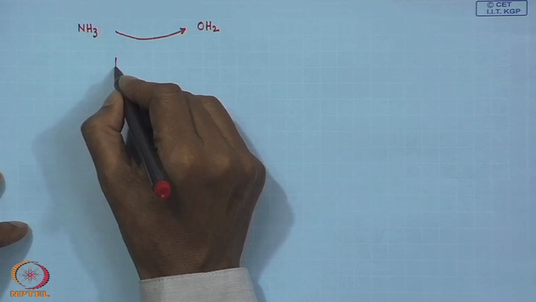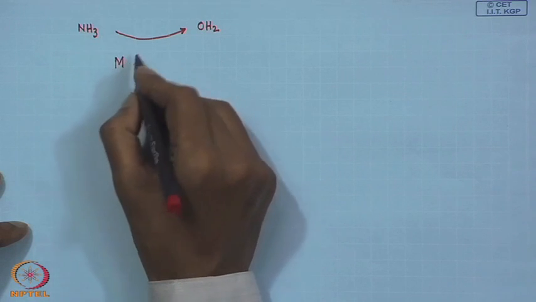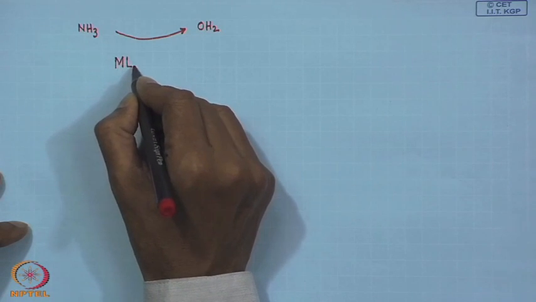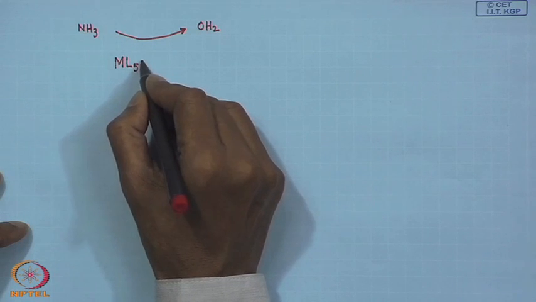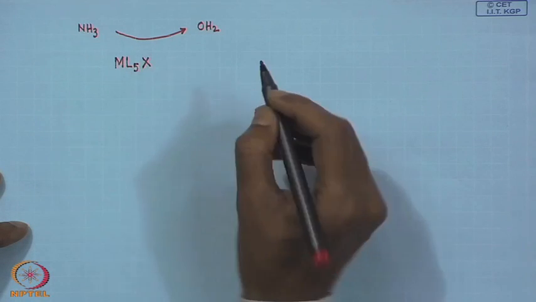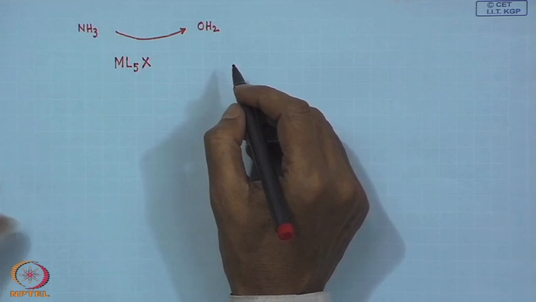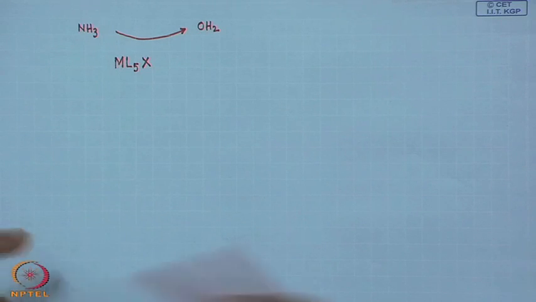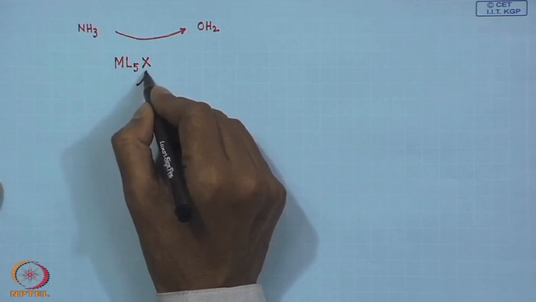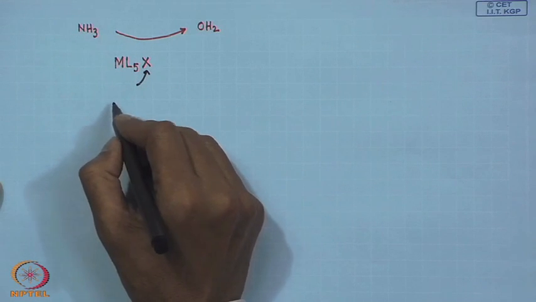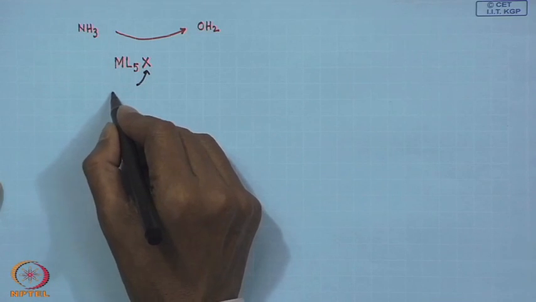If we have a system like ML5X, where X is present, it will be the leaving ligand. So, X can leave the system.